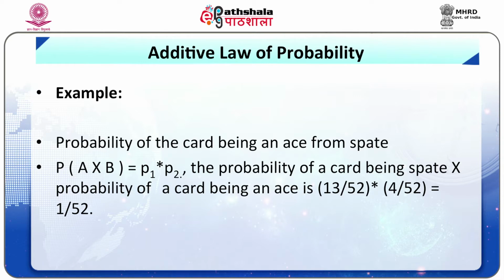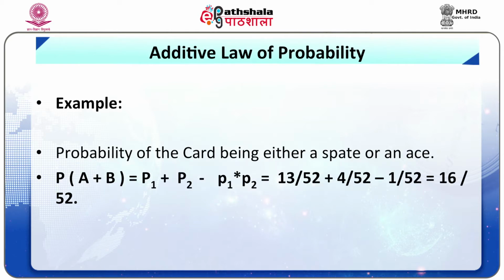The product of the first two probabilities: the first probability is 13 by 52, the second probability is 4 upon 52. So, multiplication will give me 1 upon 52.